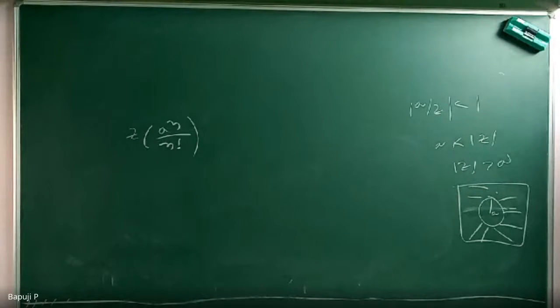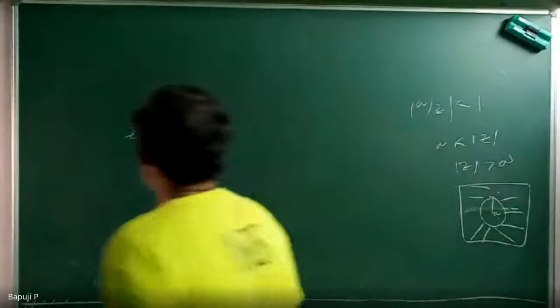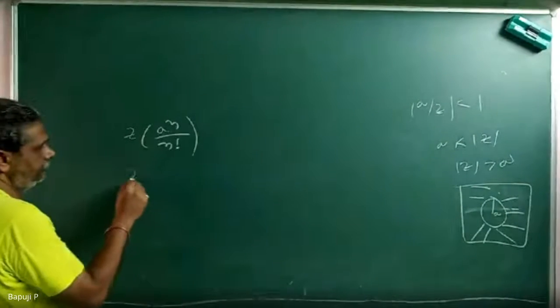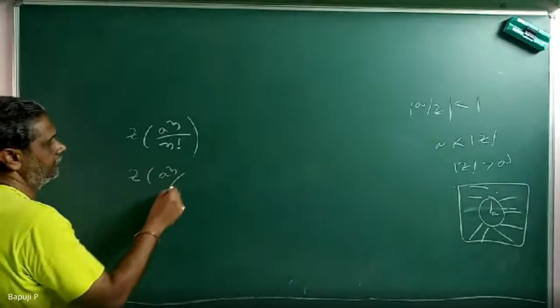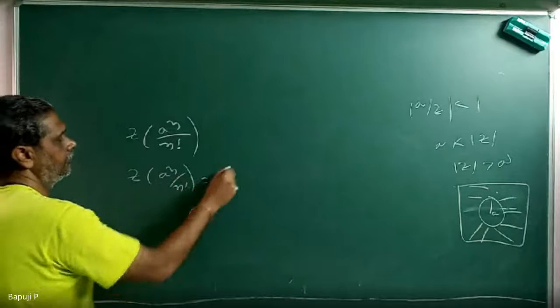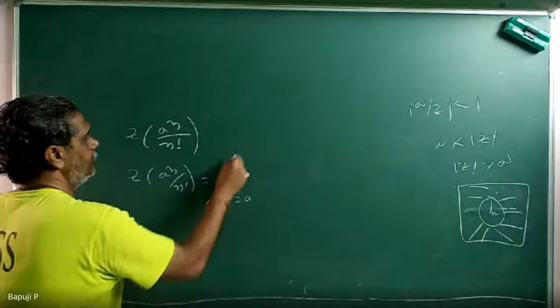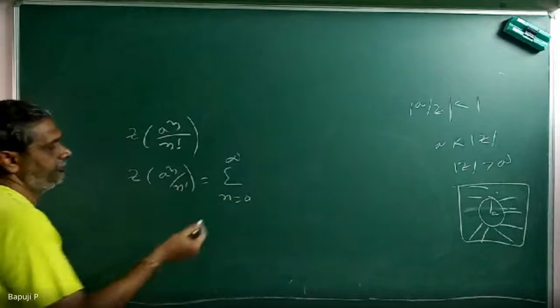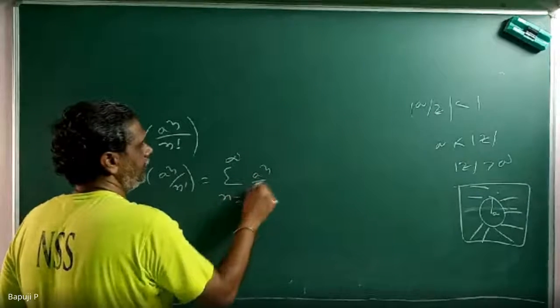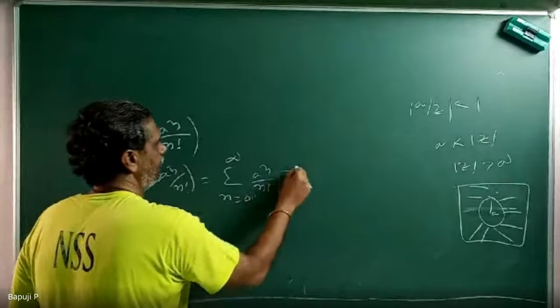Okay, I will do it. So how can you write this actually? This is a very good problem. Sum from n equals 0 to infinity of f of n into z, who is my f of n? A power n by n factorial into z power minus n.